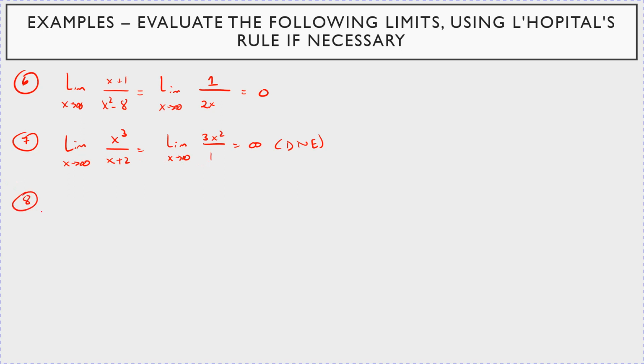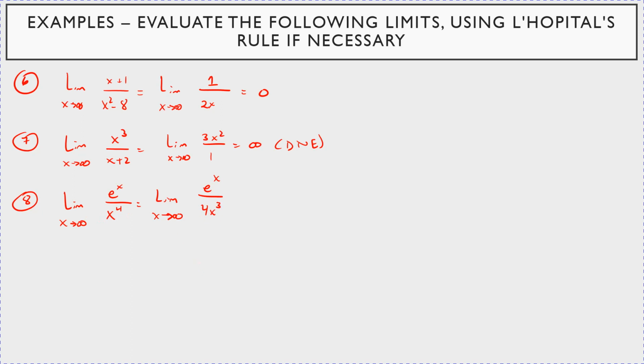All right, this will be our last one here. Let's look at the limit as x goes to infinity of e to the x divided by x to the 4th. Both of these go to infinity as x goes to infinity. So apply L'Hopital's rule. Derivative of the numerator is just e to the x. Derivative of the denominator is 4x cubed.